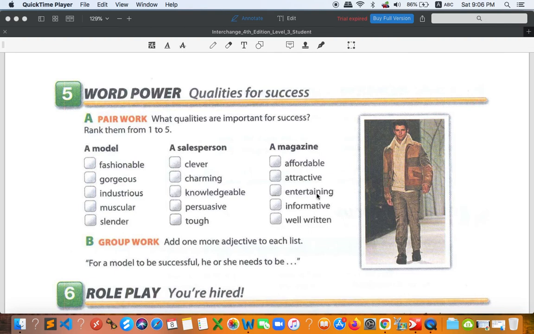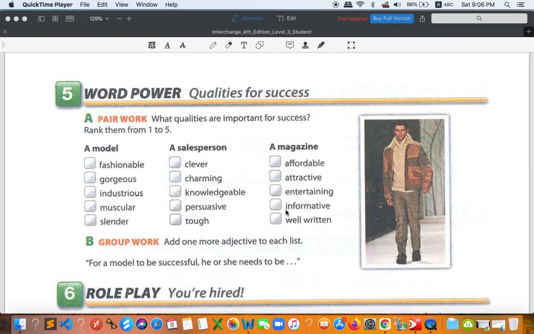So what do you think about a magazine? To me, I would go with informative number one, because when they buy your magazine, they would like to find out the contents of your magazine, whether it covers a lot of information or not. That is one. Second is attractive, because of the design, the photos, the colors.